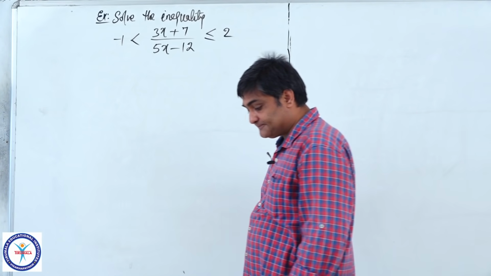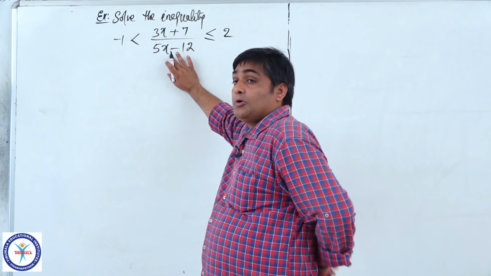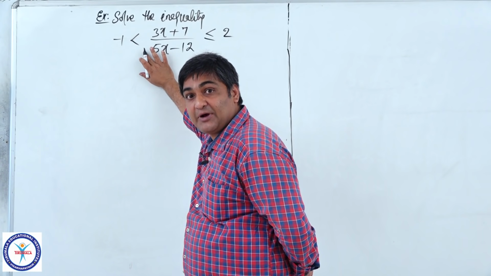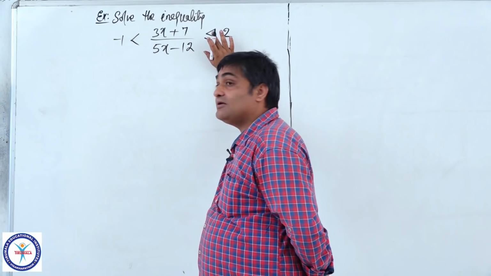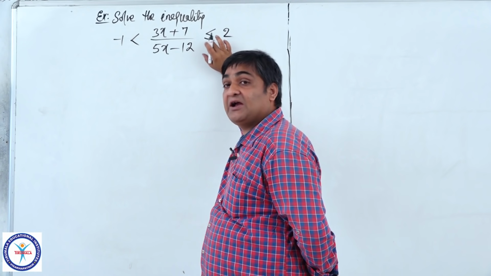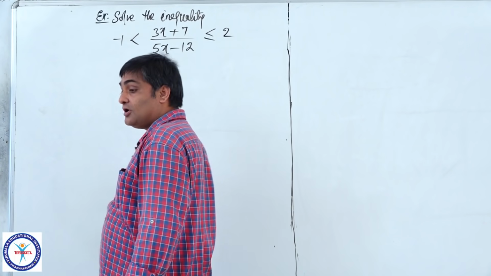Two-sided inequality. 3x plus 7 by 5x minus 12 is greater than minus 1 and 3x plus 7 by 5x minus 12 is less than or equal to 2.